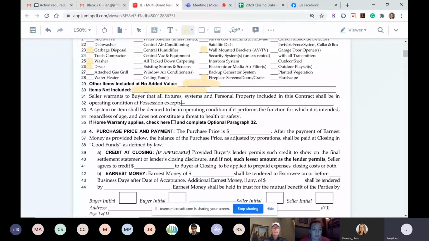Here is a little thing that almost nobody uses, but let's say this is an as-is contract, or let's say this is a contract, not necessarily as is, but the seller says, listen, the jacuzzi tub doesn't work. It's almost always the jacuzzi tub that doesn't work. We use it as a soaking tub.